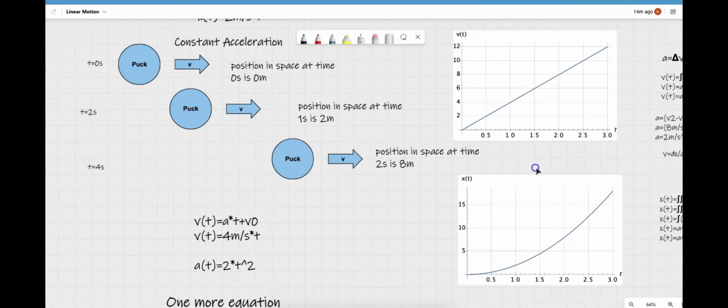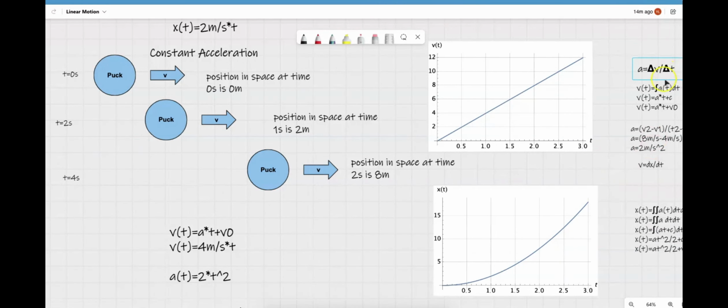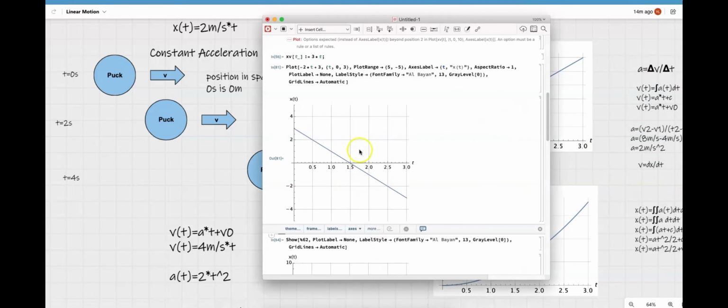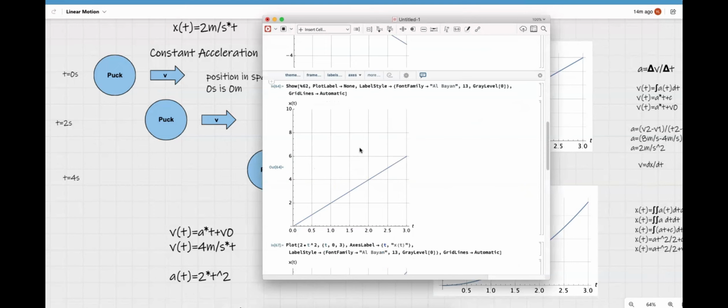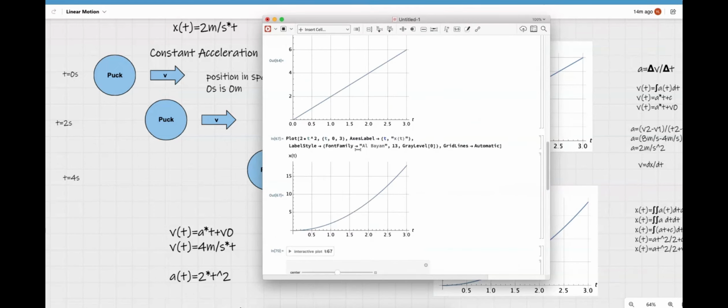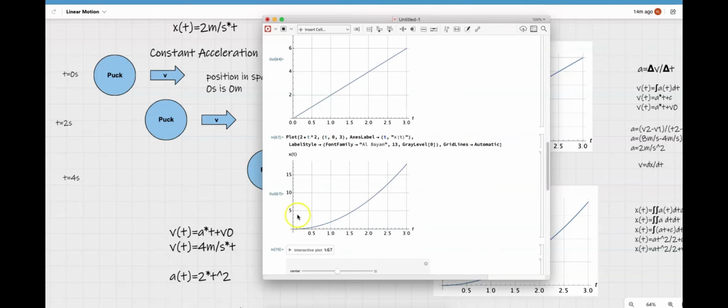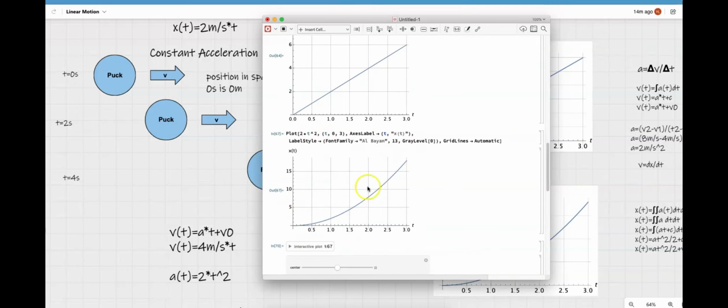Now, logically, if velocity is the integral of acceleration, and as we established before, in fact, I can prove it, even in this case, now I plugged in the equation for constant acceleration here. It's going to have this t squared shape, asymptotic shape.